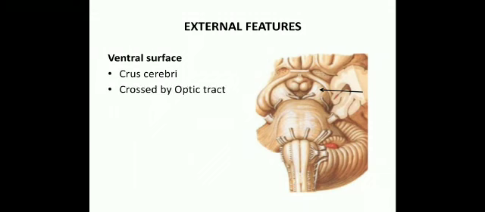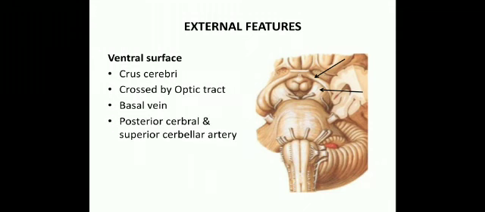It is crossed by the optic tract, the basal vein, the posterior cerebral and superior cerebellar artery. The oculomotor nerve emerges from the medial aspect and the trochlear nerve emerges from the lateral aspect.